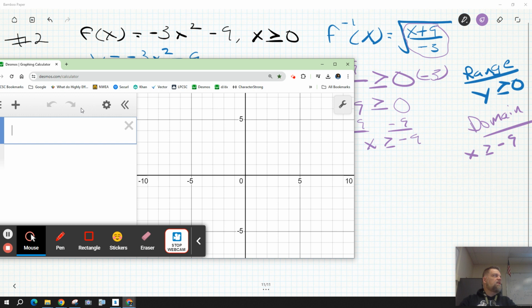Now I want it to be equals then, so I'm going to hit the equal sign. When I hit the equal sign, it changes it to greater than or equal to 0. Boom. Now this is it right here. This is the function. It's way over here at 9.